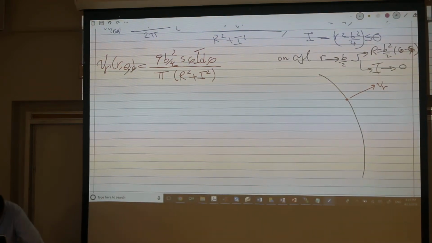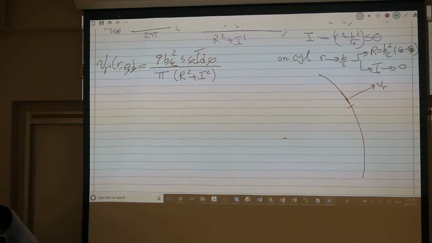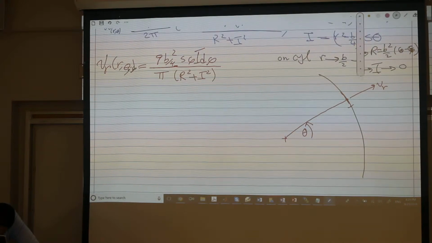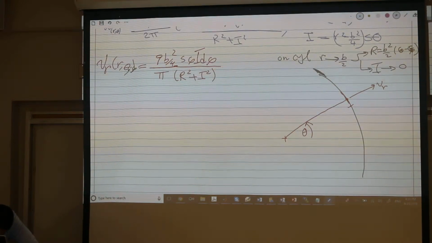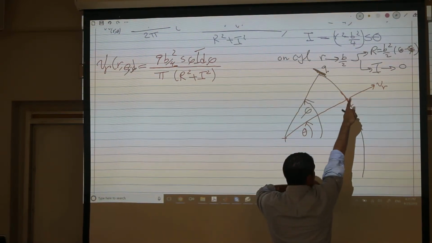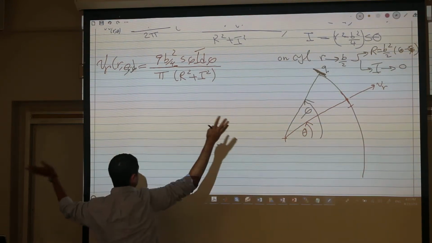So except, just reminding you, this angle is theta, and we had, this is our Q here, this angle is phi. So when phi is different from theta, large R is not 0, but I is 0, you got 0.